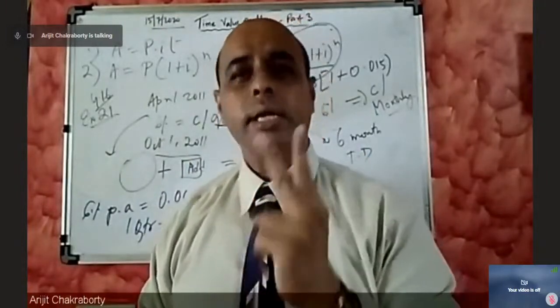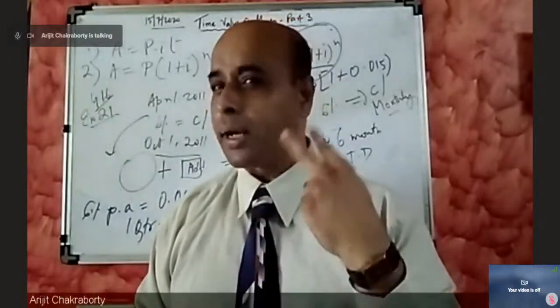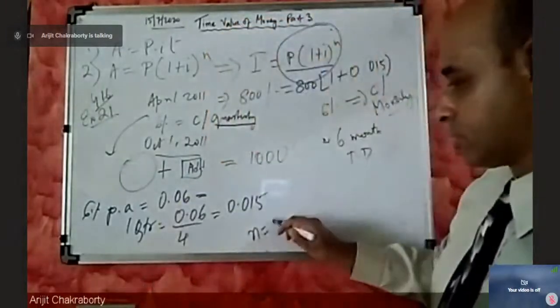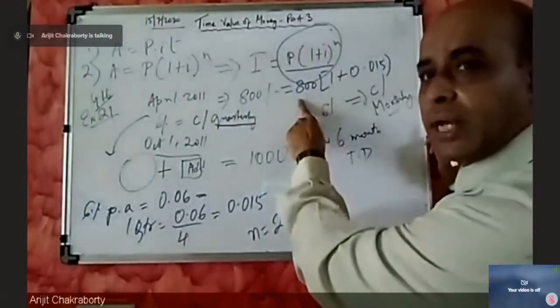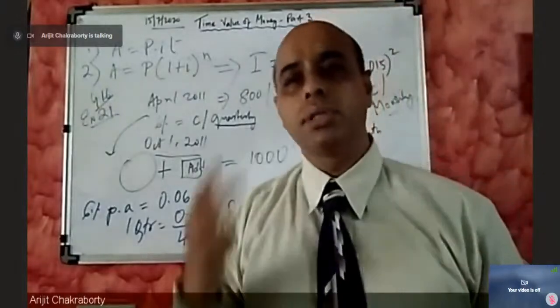In 6 months there are 2 quarters, so n, the number of conversion periods, is 2. So the formula is 800 into (1 plus 0.015) to the power 2.